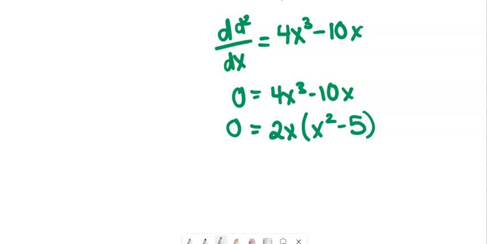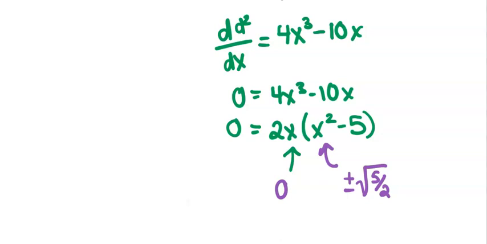Okay, so I know this is true a couple of times. I know this is true when x is equal to 0, and I know this is true when x is equal to positive or negative root 5 over 2.